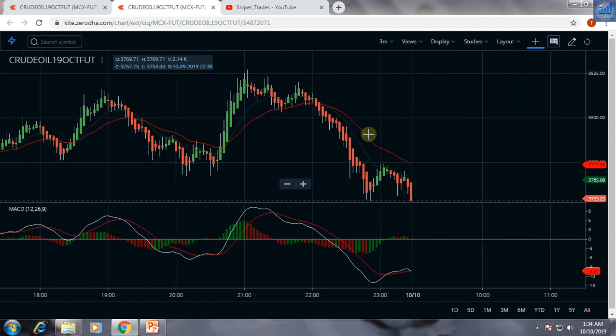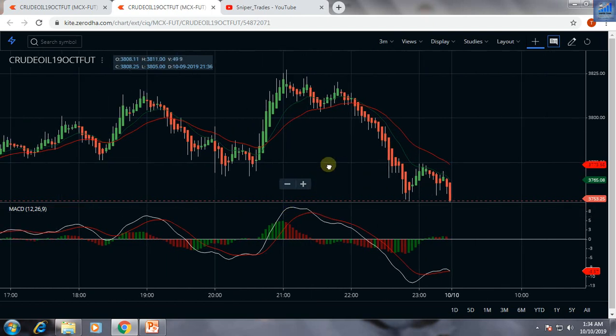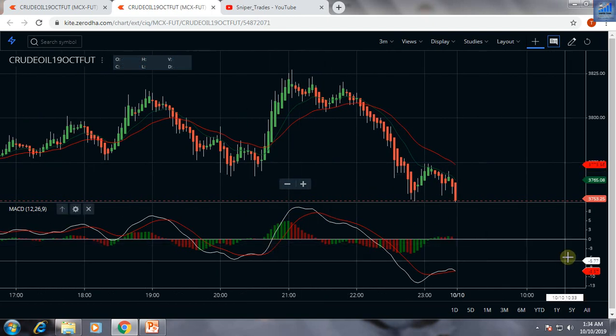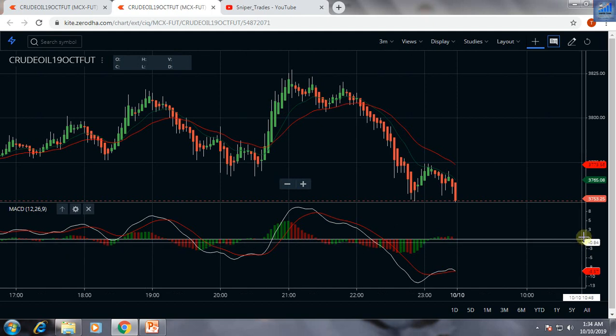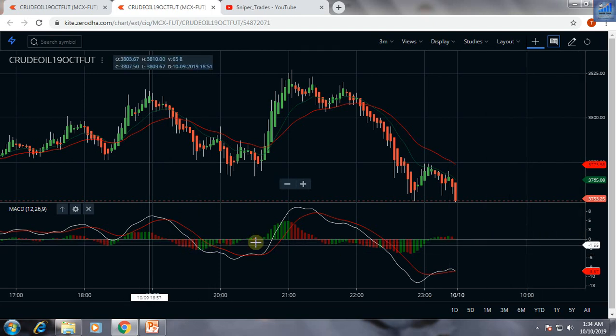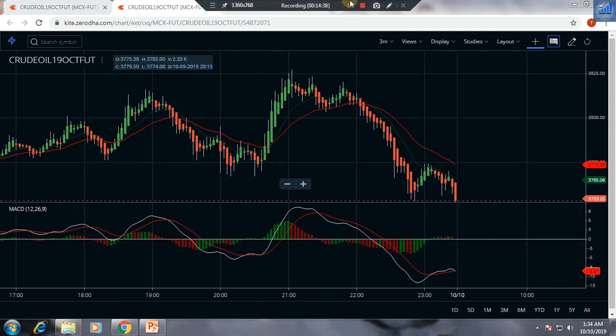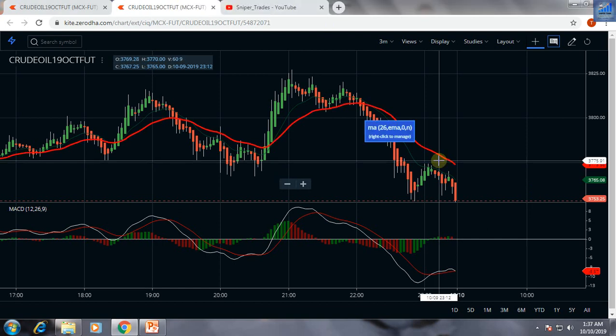And also now let's come back to the indicator, that is MACD, moving average convergence divergence. For easy understanding, let me say that in this MACD indicator we have a baseline, situated at 0 value. See here, at the 0 value we have a line, it is called the baseline.